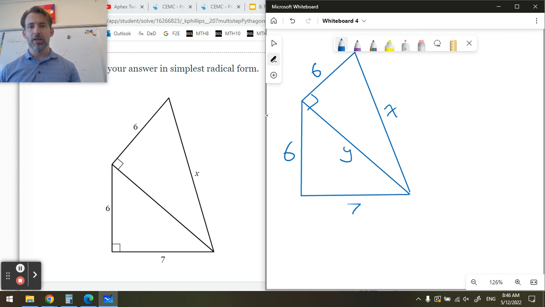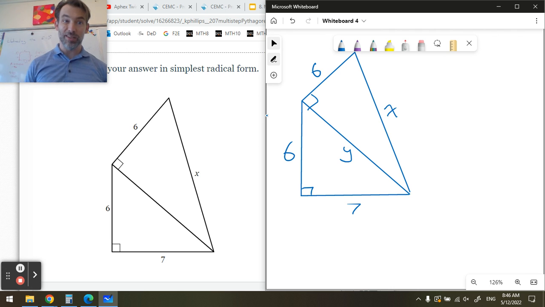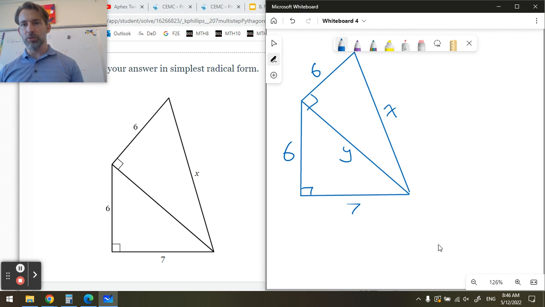Okay, so in order to show this in simplest radical form, what I'm going to do is find out y, but I'm not going to use the decimal approximation. I'm going to find out actually y squared. So a squared plus b squared equals c squared. Then I sub in my values: 6 squared plus 7 squared equals y squared.